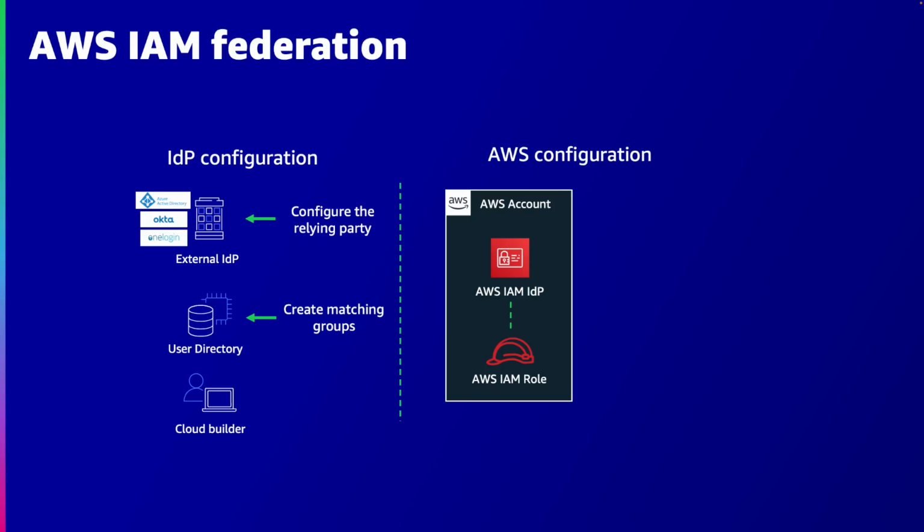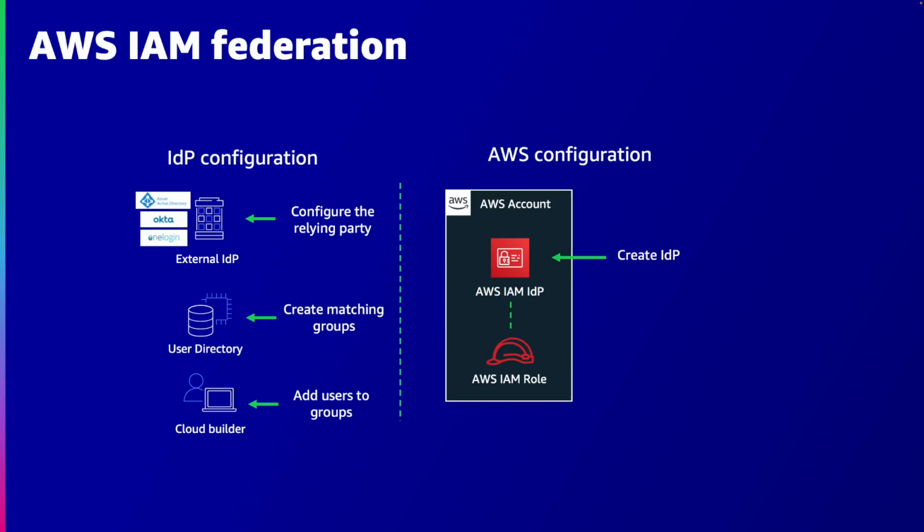Then we create groups and configure the users within those groups, just for simplicity of management. Lastly, we configure everything and synchronize with the AWS side, to finalize the single sign-on.